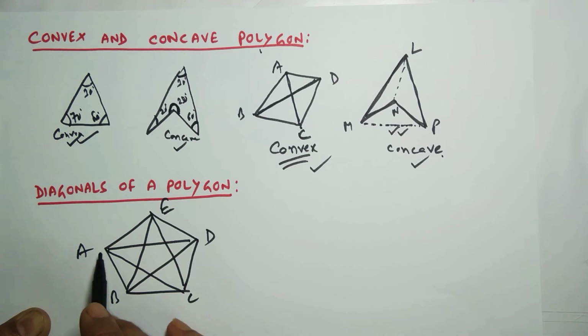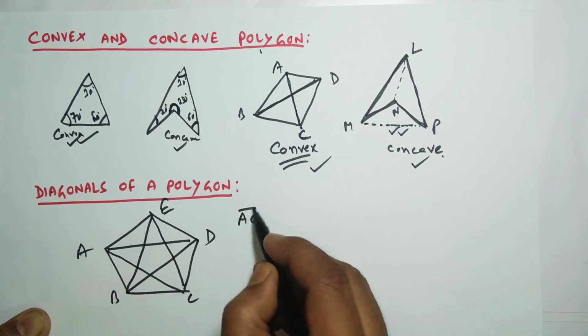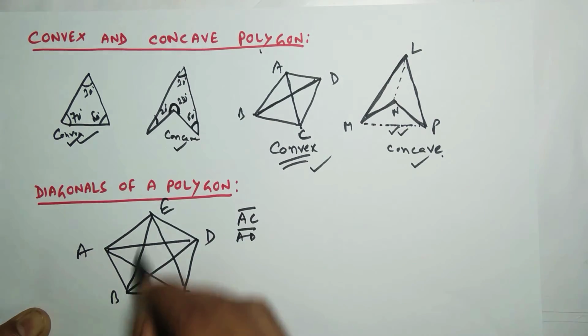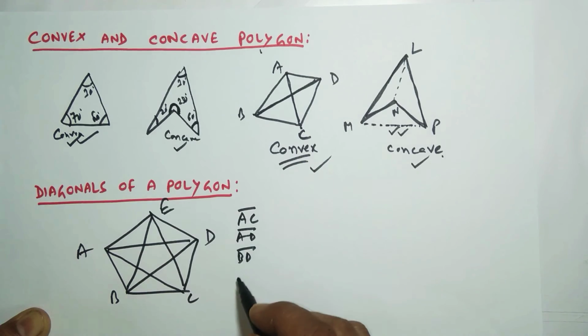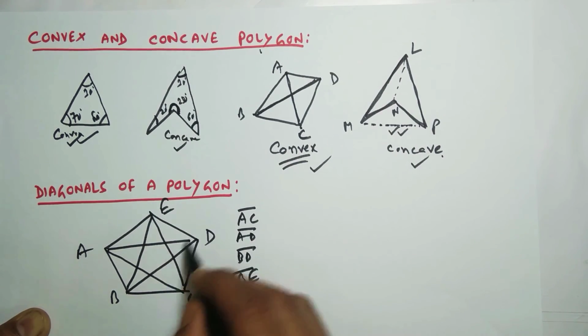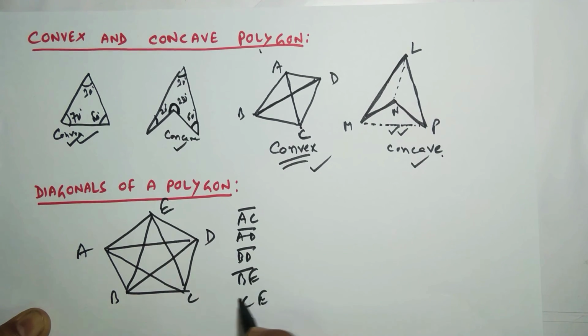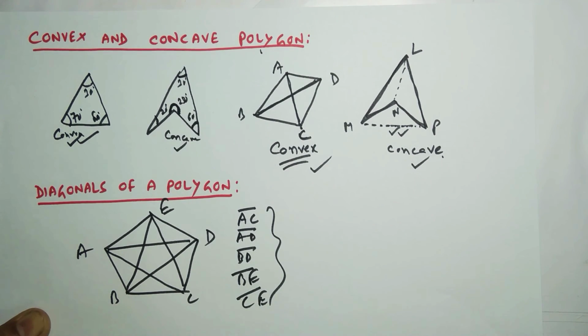So here the diagonals are AC, AD, BD, BE, and also CE. So these are the 5 diagonals.